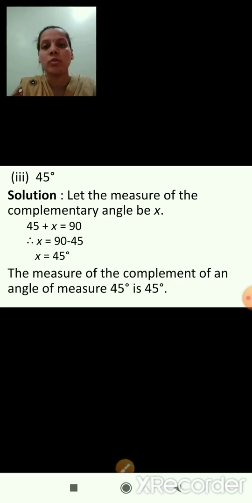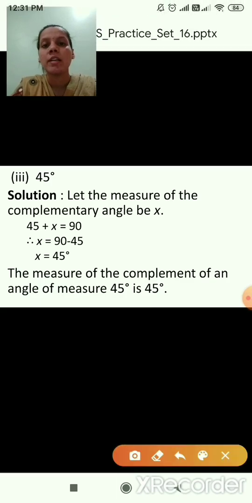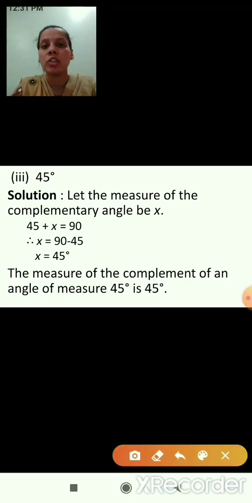Yes, as you can see here, this is the third sum. 45 degree. Yes, the measure of one angle is given, that is 45 degree. Now you will find out the measure of its complementary angle. Yes, in the solution first we will consider, let the measure of the complementary angle be x.